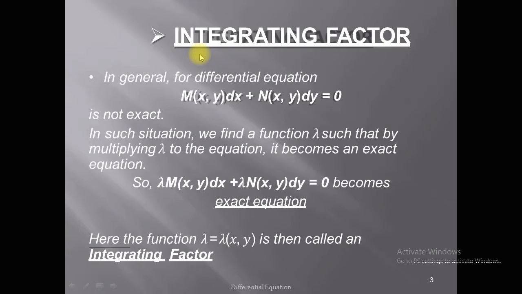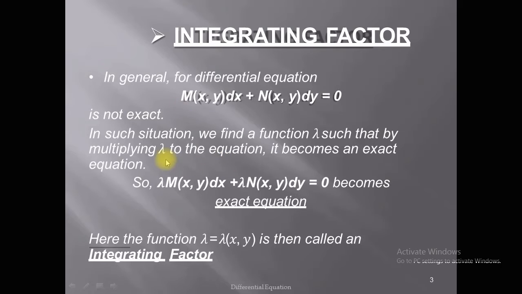So for the integrating factor in general, for this first order differential equation, if it is not exact, in such a situation we find a function lambda such that by multiplying lambda to the equation it becomes an exact equation.